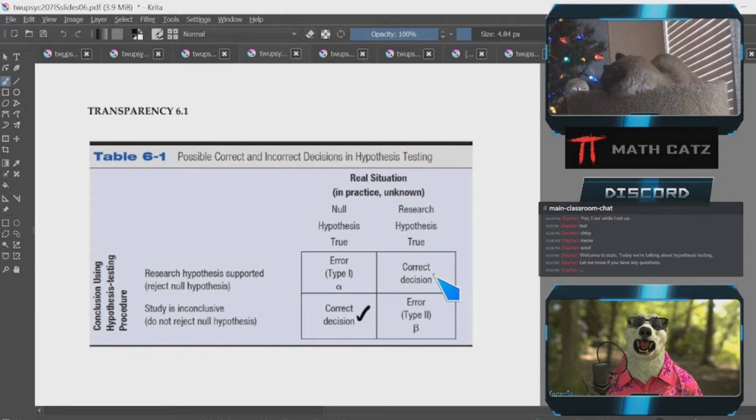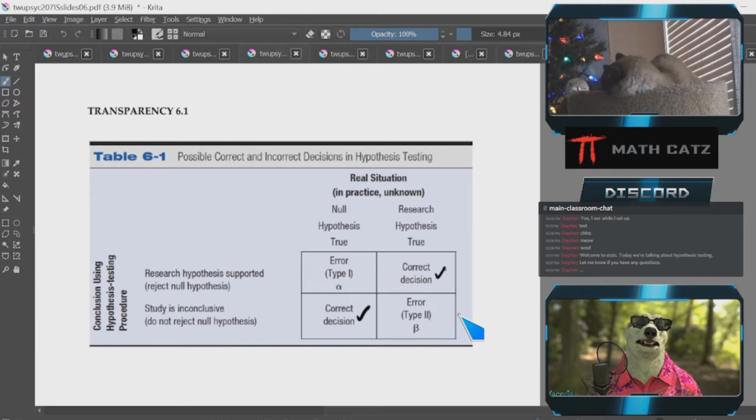We should reject it. However, we might not, if we base it on our sample, and our sample is just not putting us in a position where we reject it. We do not reject the null hypothesis when we in fact should.